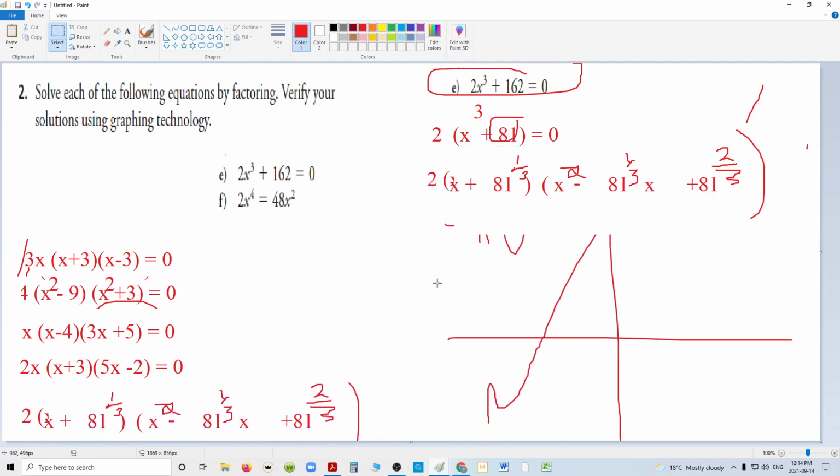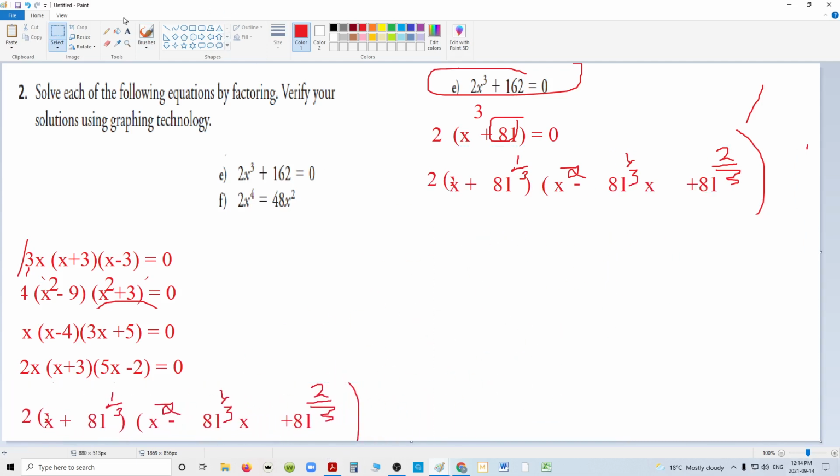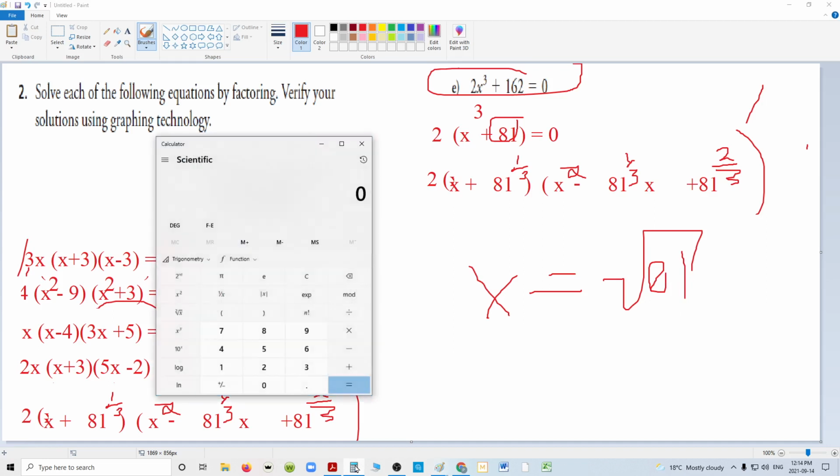But that's the actual cube root, which means for this to be 0 here, x has to be equal to the negative cube root of 81. The cube root of 81 is this.